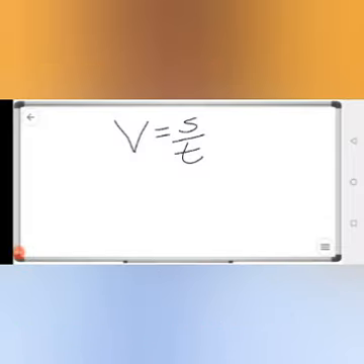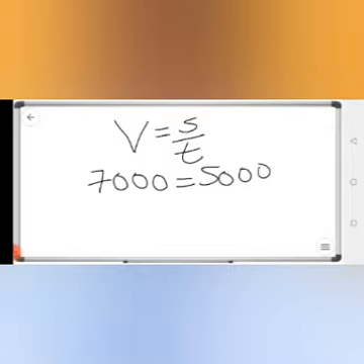Again, we shall be using the formula v is equal to s over t. Now, according to the question, the velocity is 7,000 meters per second and the distance is 5,000. That leaves us with t.